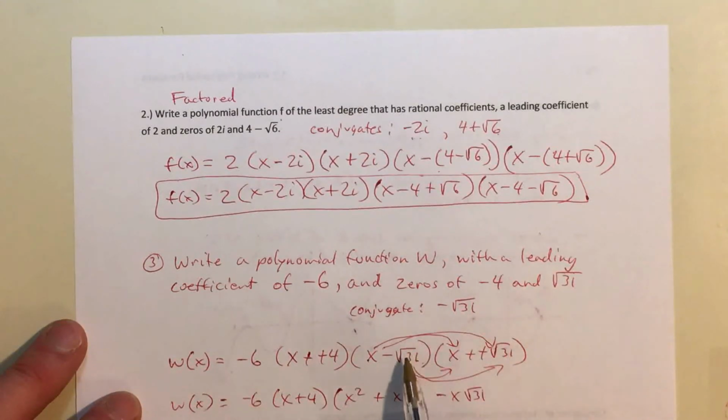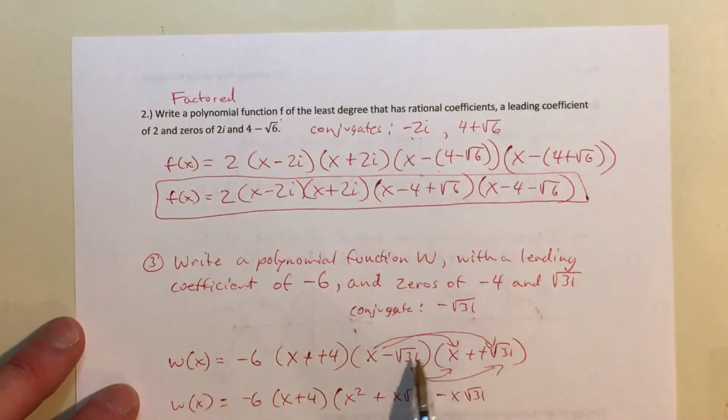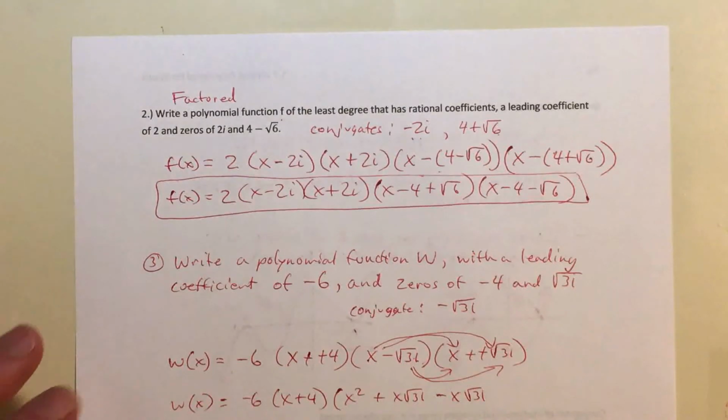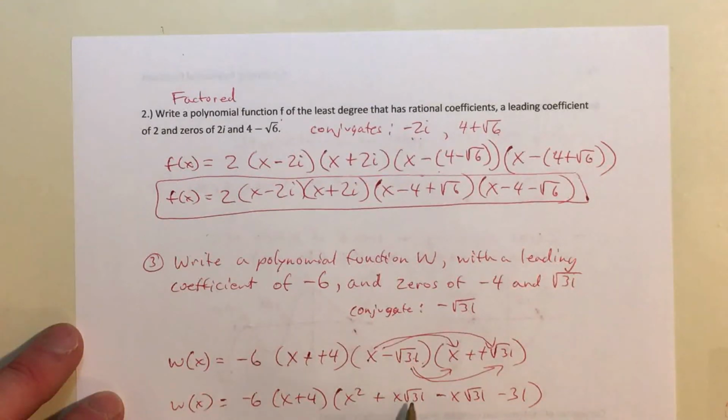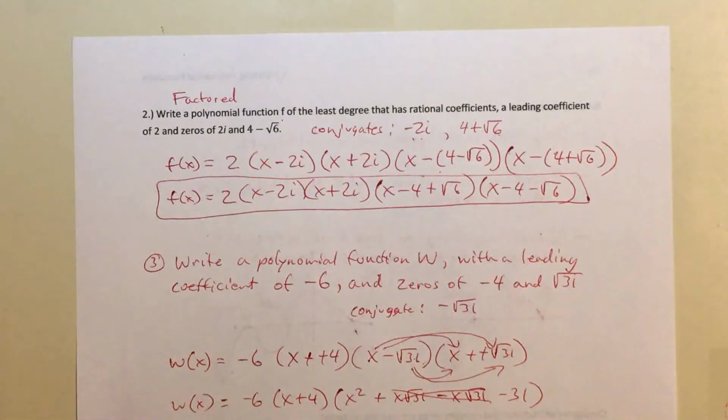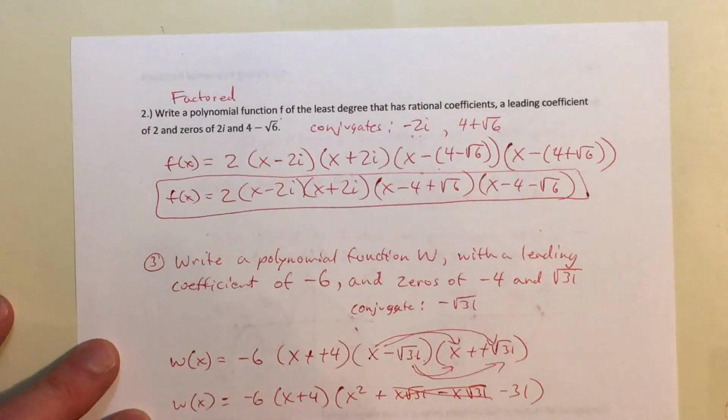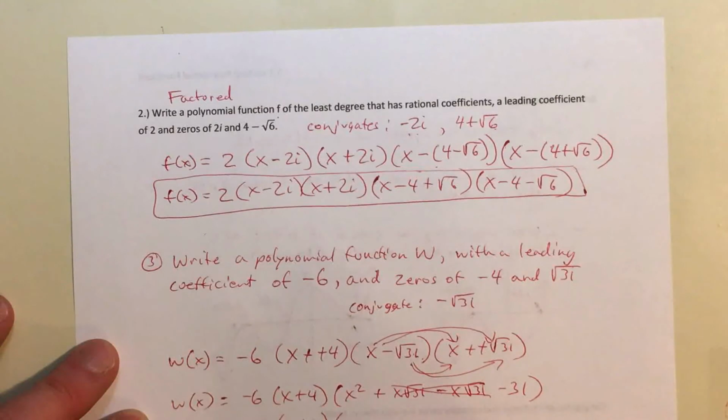But hopefully you're familiar with the fact that when you multiply the same square root by the same square root, you're just going to get the radicand. So it's going to be minus 31, like so. Now what happens in here in the middle? Well, same thing that happens with all conjugates. The middle stuff drops out. So now what we're left with is W of x equals -6, x plus 4, and we have x squared minus 31.